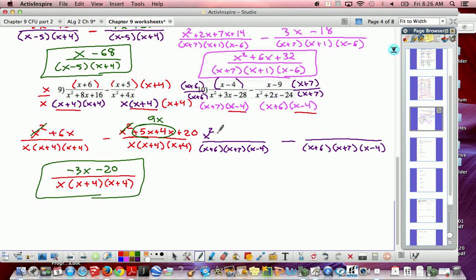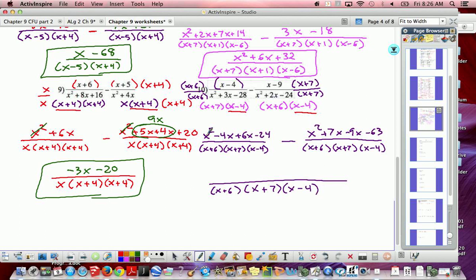So we have x squared first, outer is minus 4x, inside is 6x, last is minus 24. On this one I have x squared plus 7x minus 9x minus 63. So now I need to combine like terms. x plus 6, x plus 7, x minus 4 is my denominator.